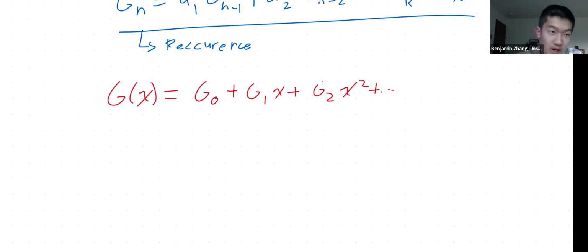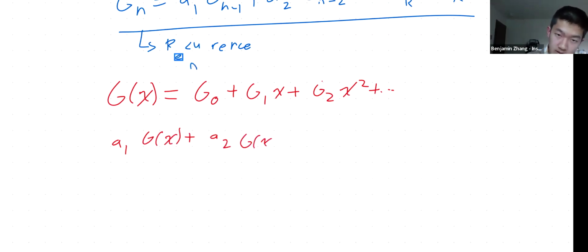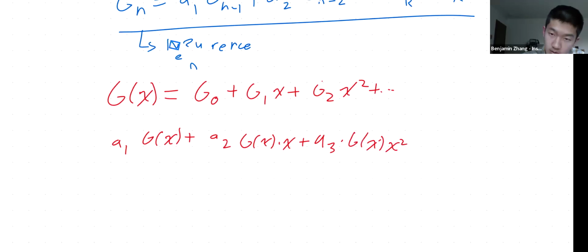So we can write out this really long polynomial: a1 times g of x, plus a2 times g of x times x, plus a3 times g of x times x squared, all the way until we get to a_k times g of x times x to the k minus 1.